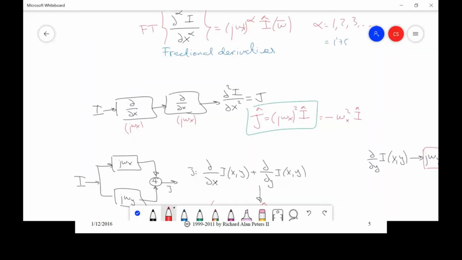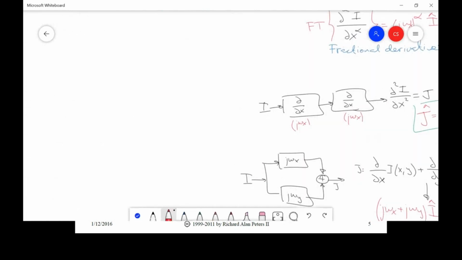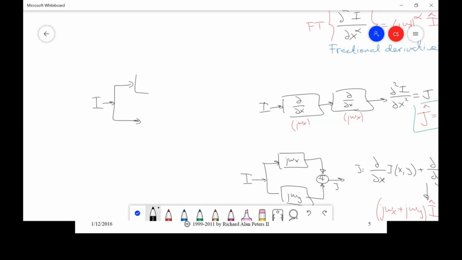So you have an image, and you go through the second derivative with respect to x and the second derivative with respect to y, and you add both.